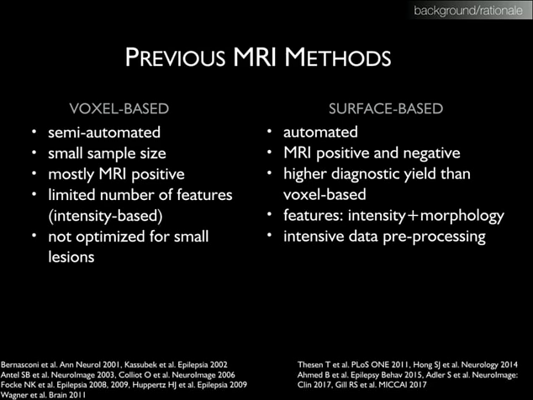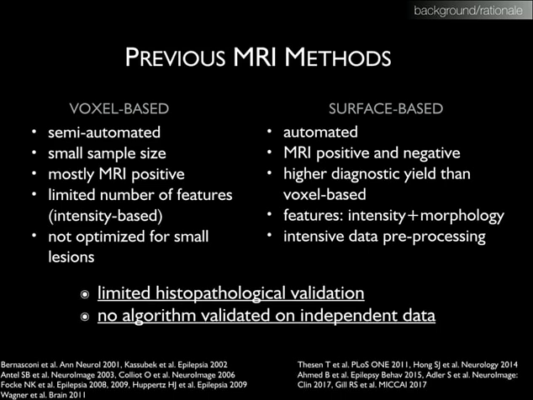But there was a lot of intensive data pre-processing in terms of classifying the brain into white matter, gray matter, and CSF, and the surface extraction of the brain. And what was common to all these methods was that there was limited histopathological validation of the lesions, and no algorithm was validated on an independent data set. It was usually within the same centers.